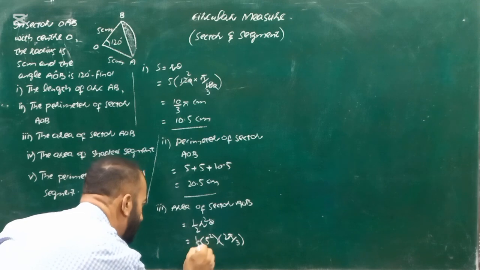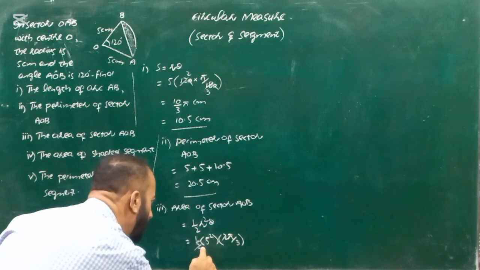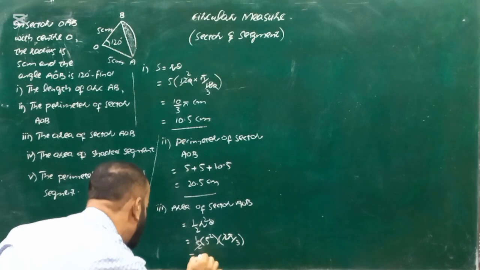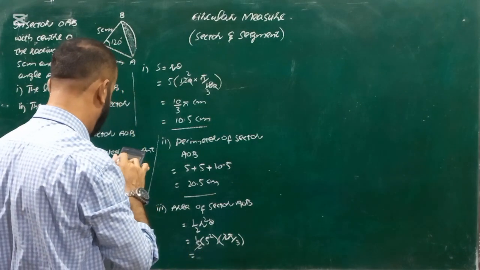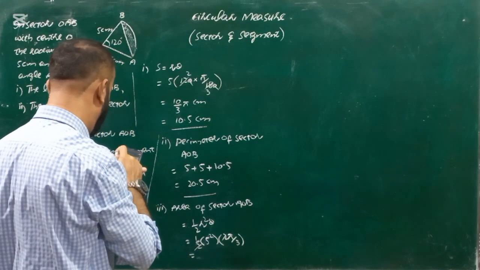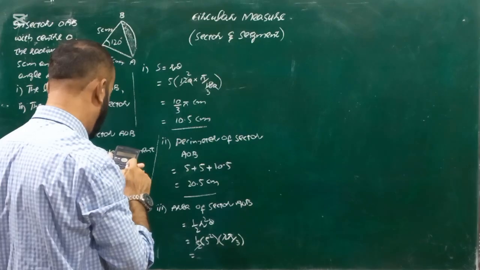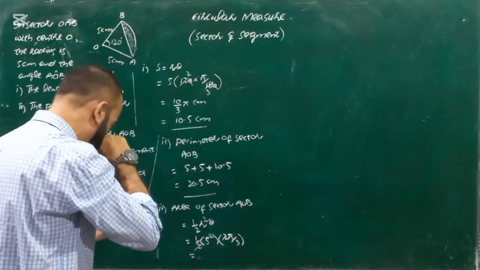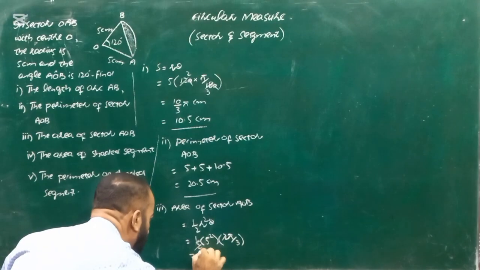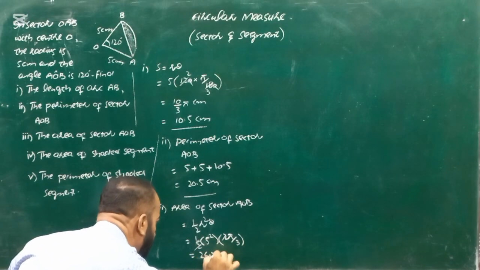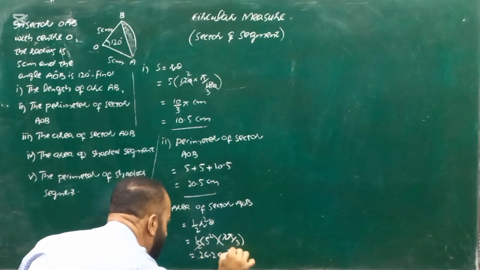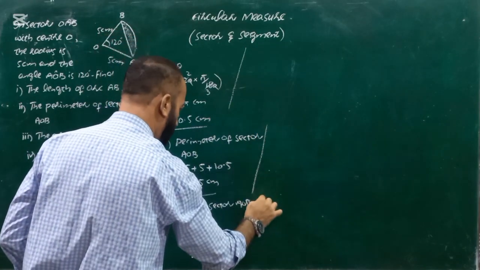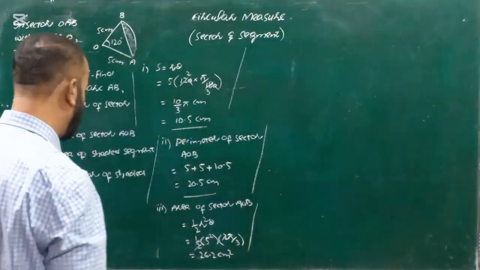So solve it now. 25 pi by 3 is 26.2 centimeter square. So this was the third part.